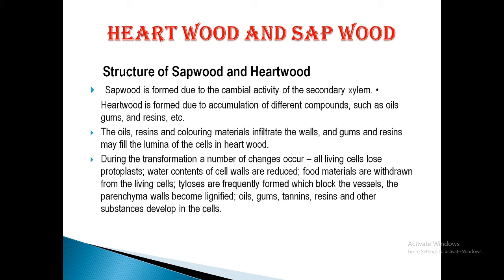Now the structure of sapwood and heartwood. Sapwood is formed due to the activity of cambium in the formation of secondary xylem. The heartwood is formed due to the accumulation of different compounds such as oil, resins and gums. These oil, resins and other coloring materials filter into the walls, and gums and resins may fill the lumina of the cells in heartwood. During the transformation, a number of changes occur.